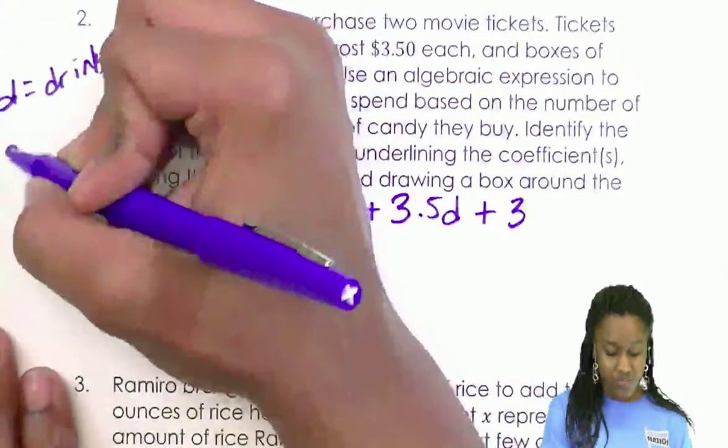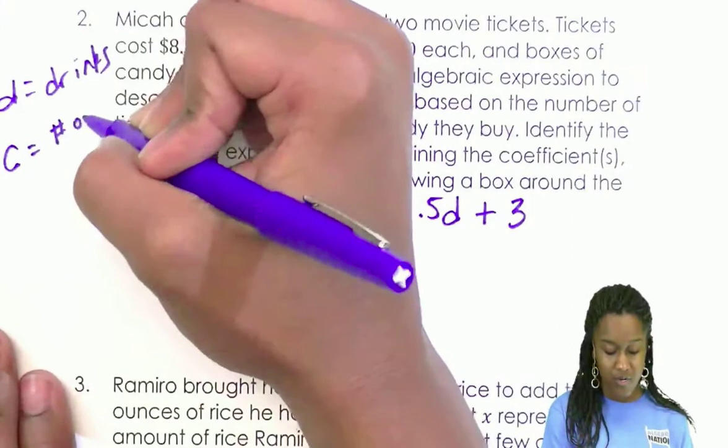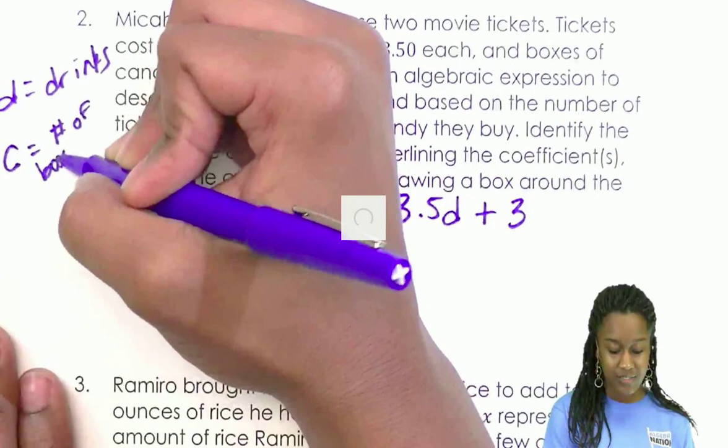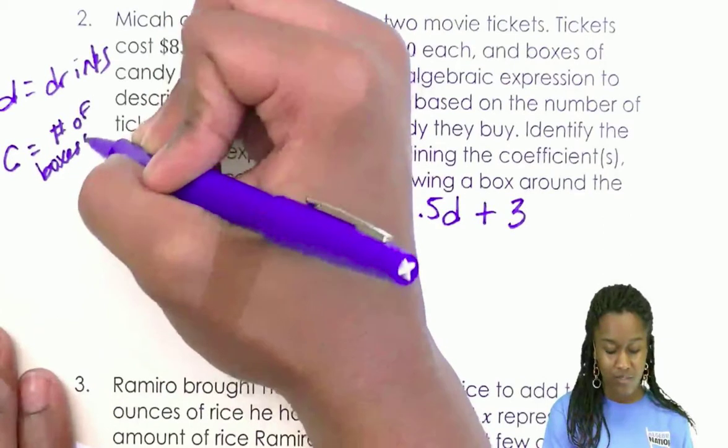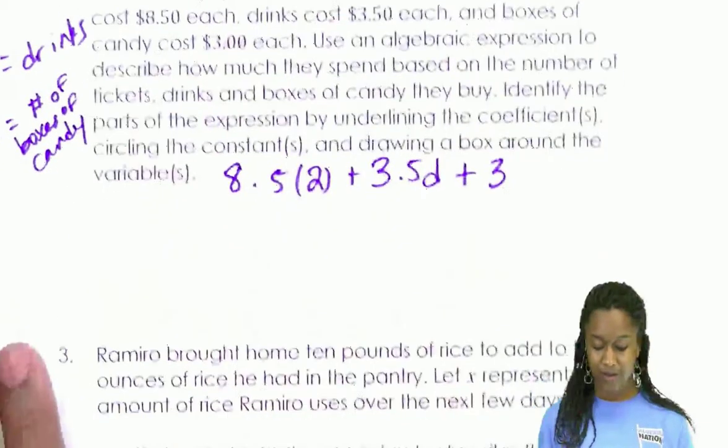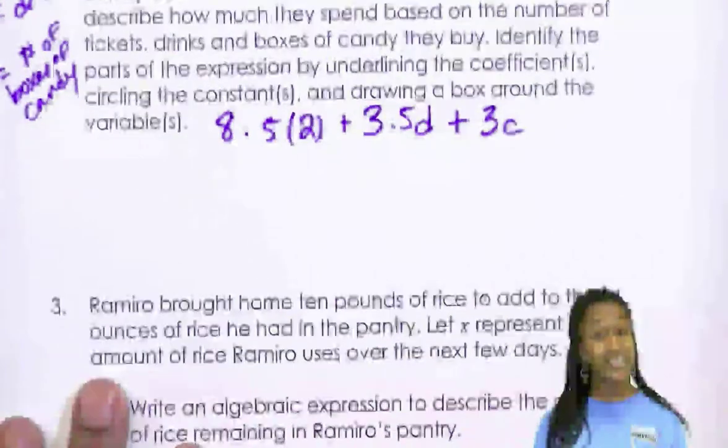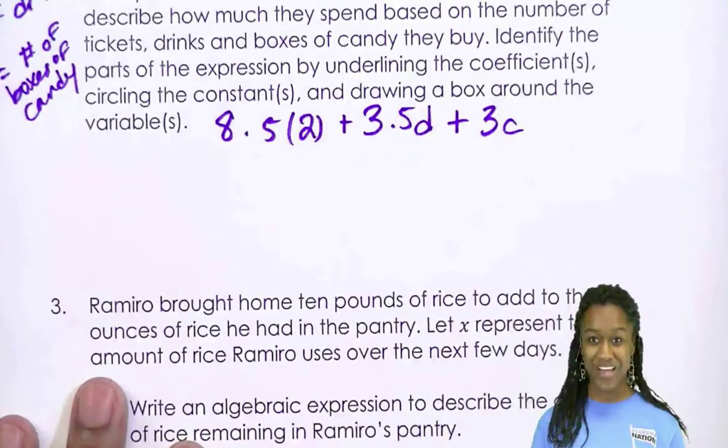No. So let's use C for the number of boxes of candy. All right, and we can multiply 3 times C to give us the cost of the boxes of candy that we buy.